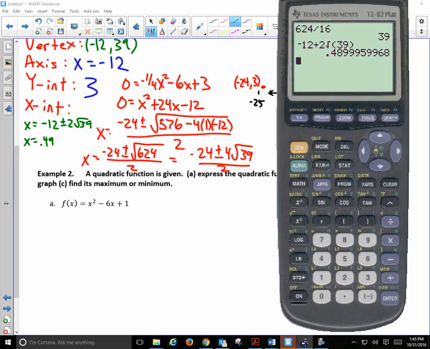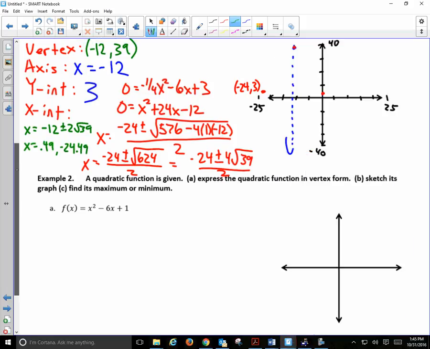So that's pretty close to 0. And if I take the same entry, and instead of a plus, I change it to a minus, I get negative 24.49, which is close to the 25 value that I wanted. So it looks like these are my x-intercepts. So now I can make a nice sketch of my graph.